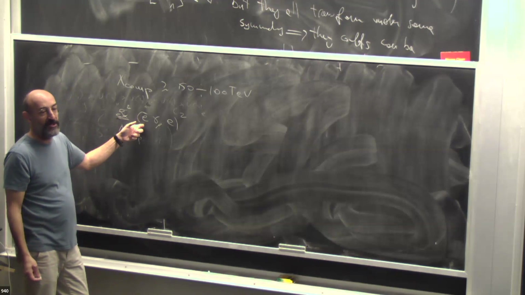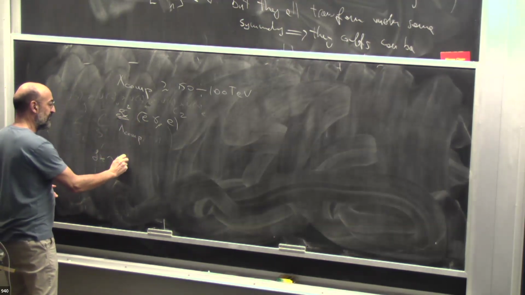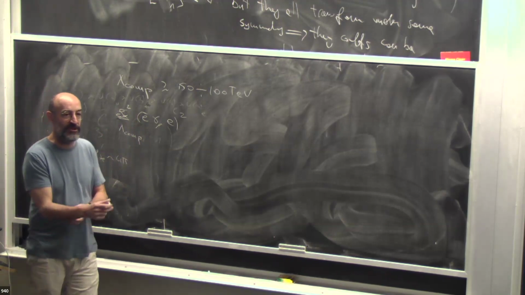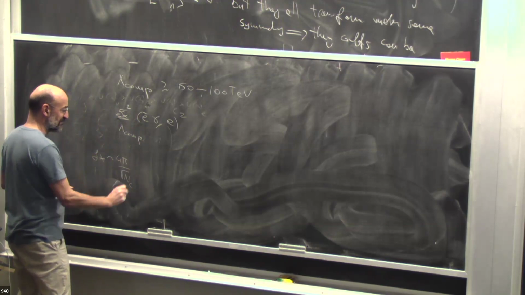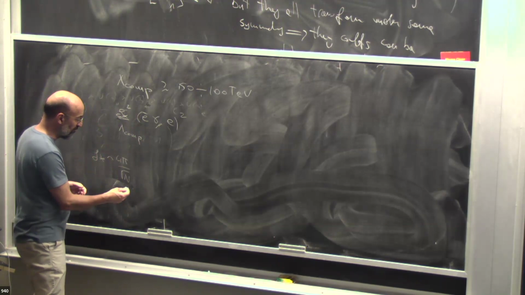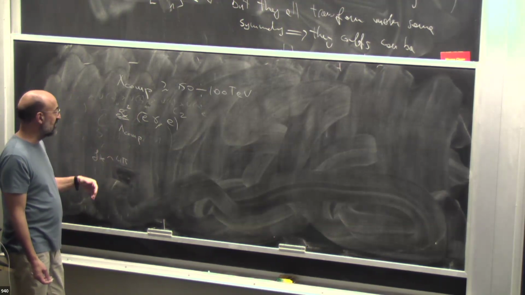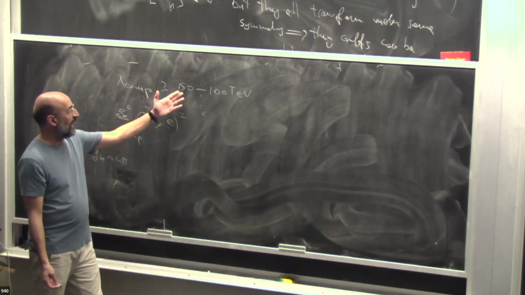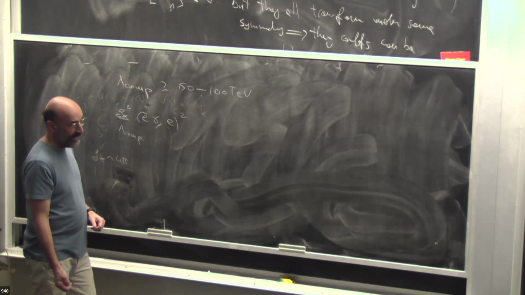If these objects are bound by strong force, this coupling is of order 4 pi. Of course, you could imagine in general it would be like the number of colors, so maybe it's slightly weaker than that if it's the color of compositeness, but generically, this is the expectation, and then you get a scale like that.